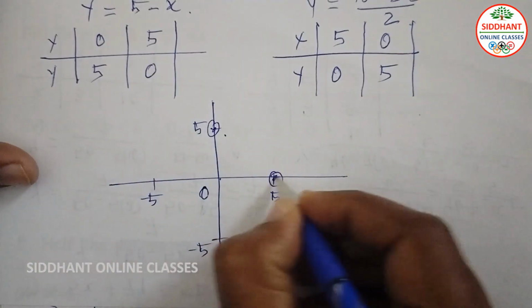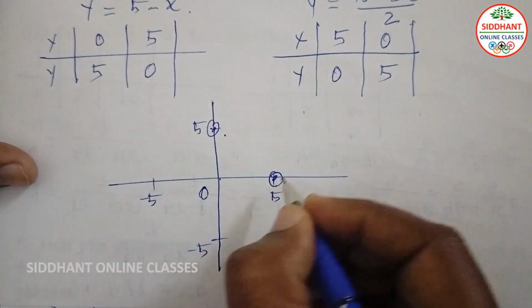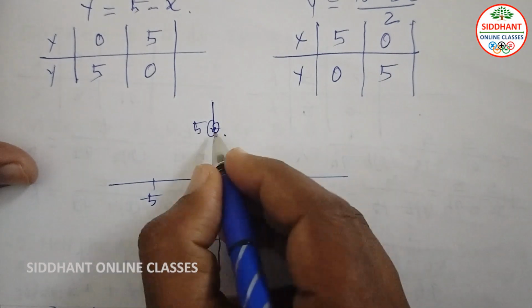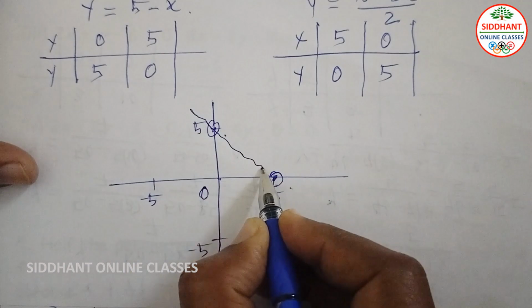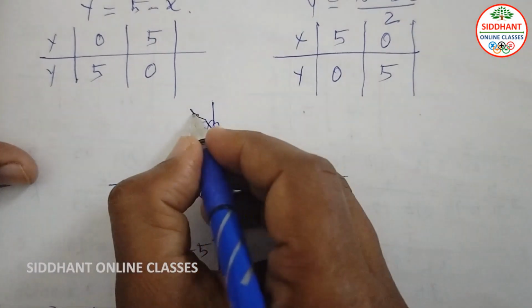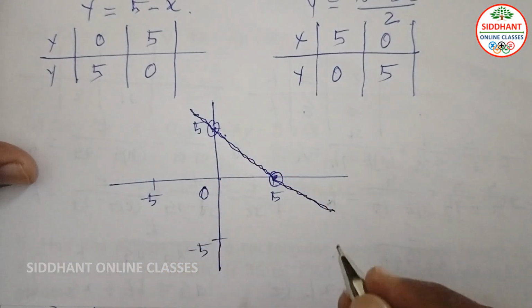This is the point we are going to see. In the second case also, x is 5, y is 0, and x is 0, y is 5. So the two lines overlap each other, that means the two lines are coincident.